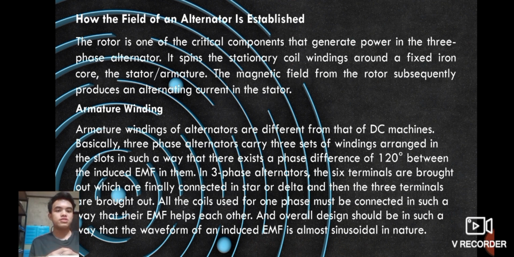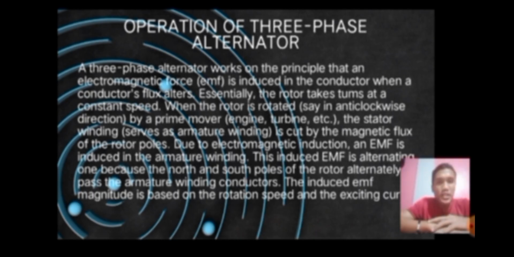All the coils used for one phase must be connected in such a way that their EMFs help each other. The overall design should be such that the waveform of the induced EMF is almost sinusoidal in nature.